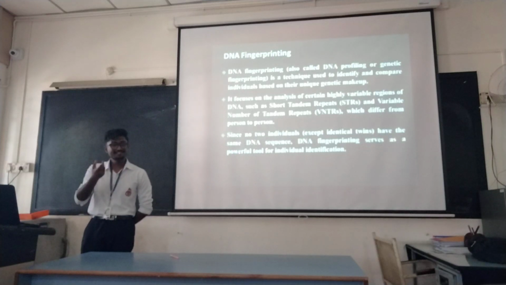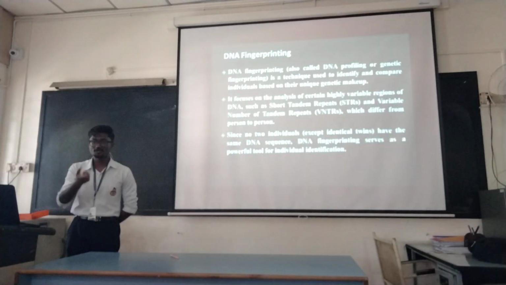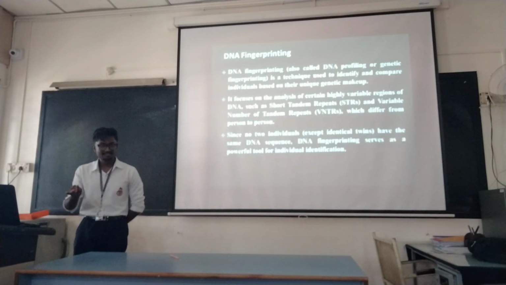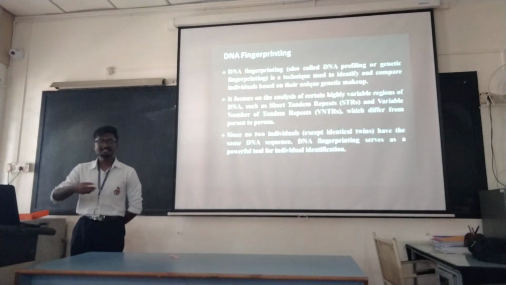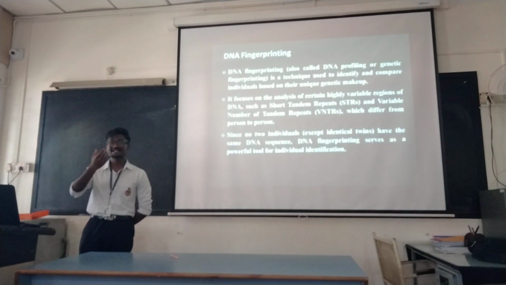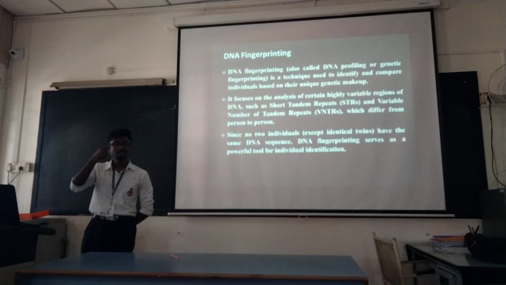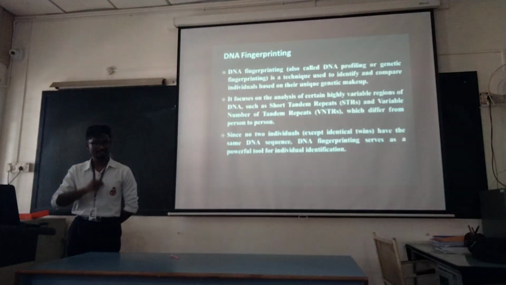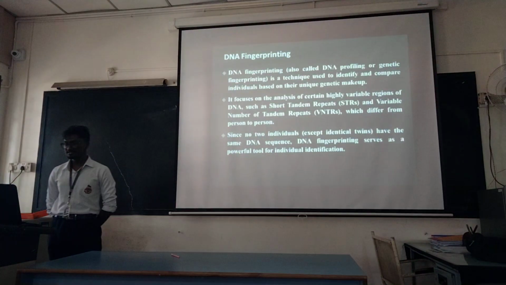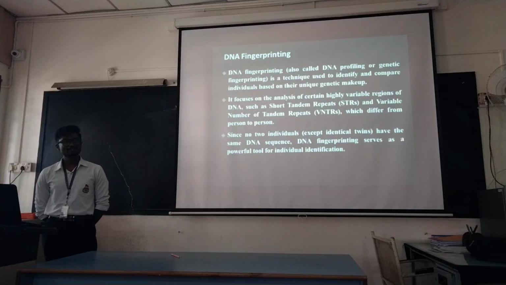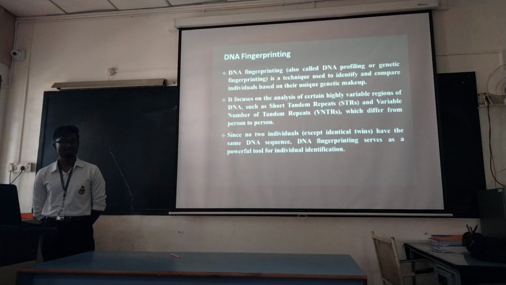If we get trace samples like blood or hair or nail or some skin cells, we are going to extract that DNA and find out who is the criminal or victim.